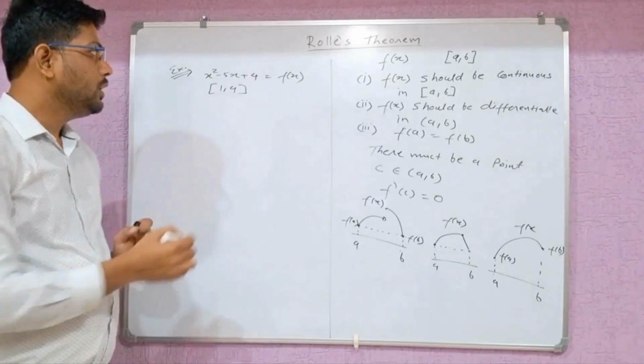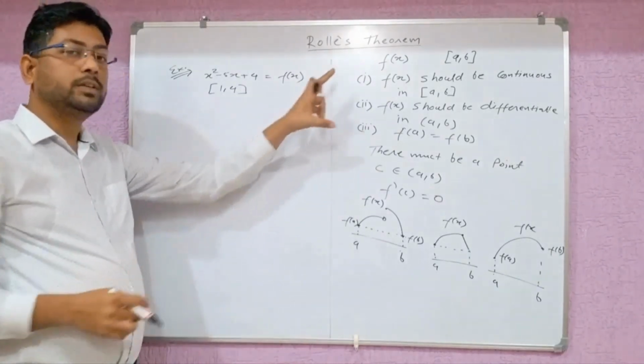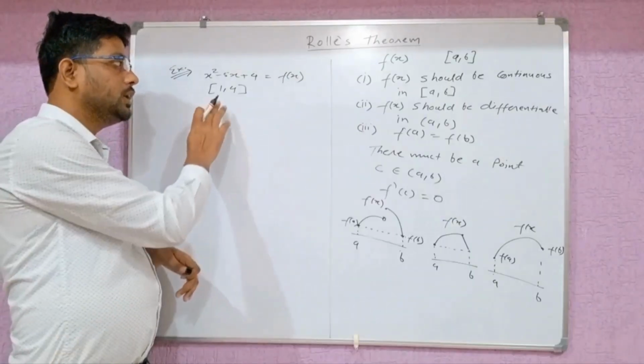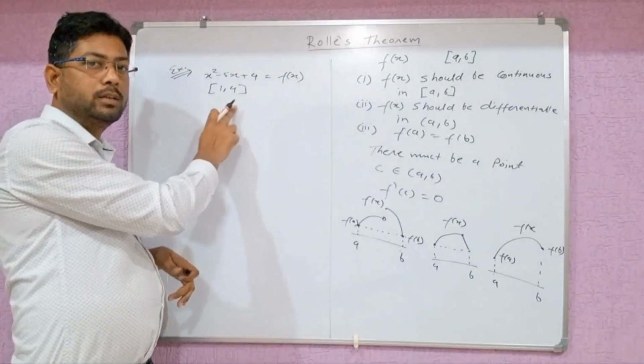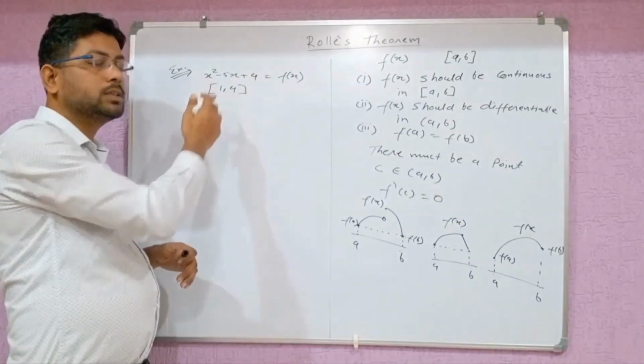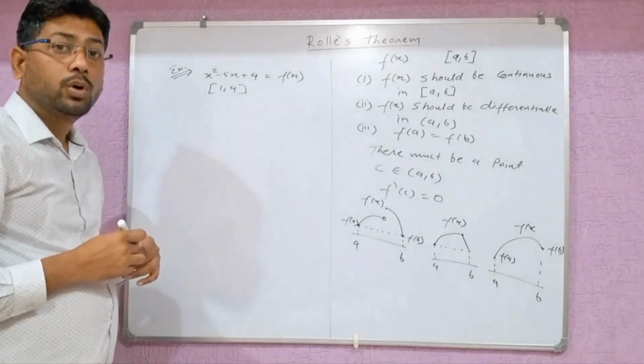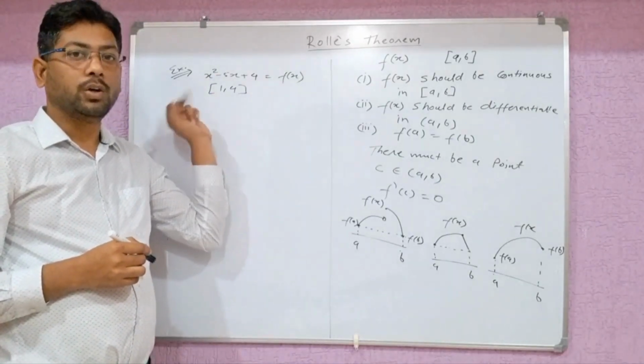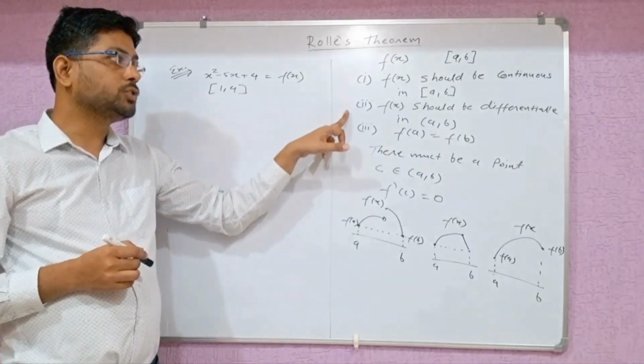So first of all we'll check these three conditions. The first condition is f(x) should be continuous in this interval A to B, or here in this case 1 to 4. So f(x) is a polynomial function and we know all polynomials are continuous. So this f(x) will be continuous here. Second condition is f(x) should be differentiable.